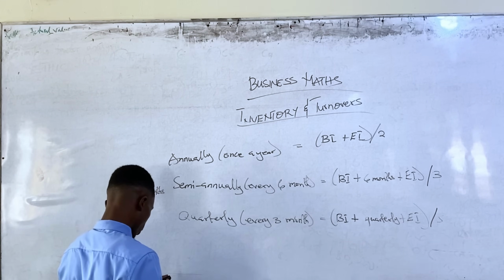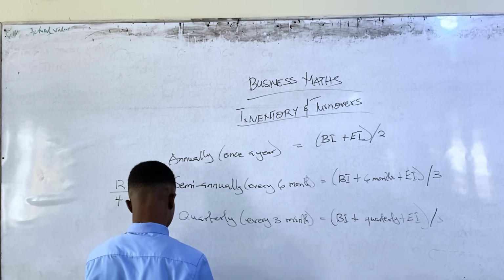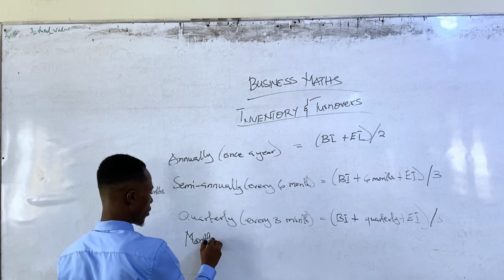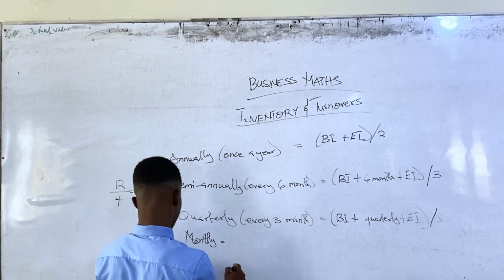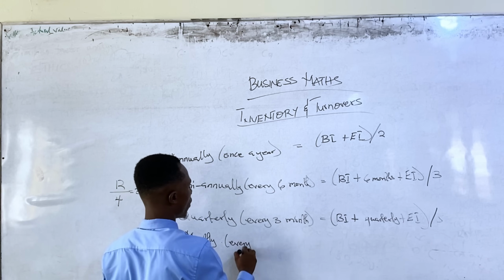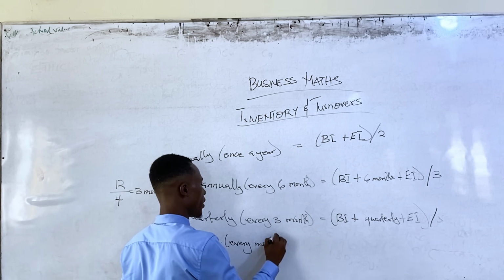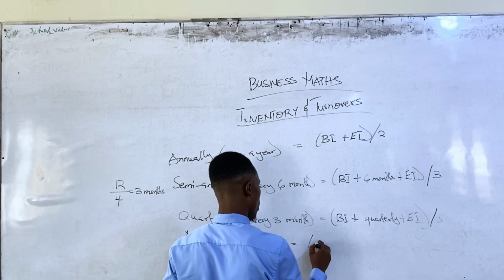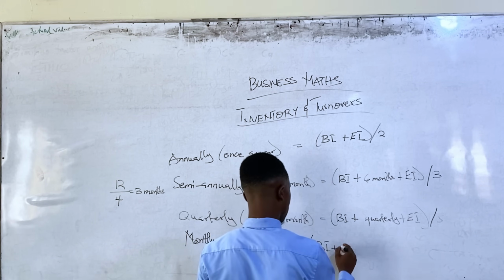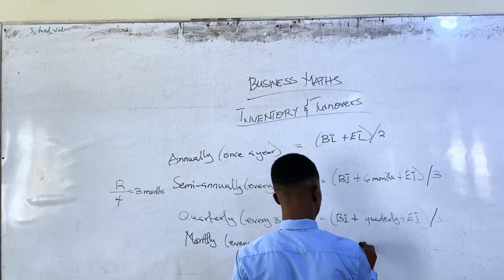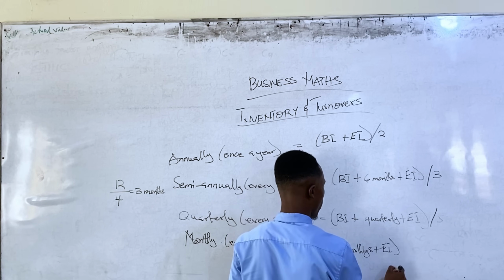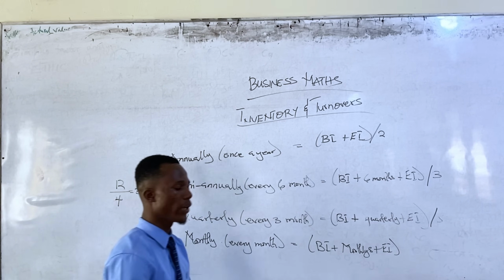Then we move on to the next one, which is monthly, right? For monthly, we mean every month. And that one is equal to your beginning inventory plus monthlies plus ending inventory, and that one will be equal to how many months we have in a year.